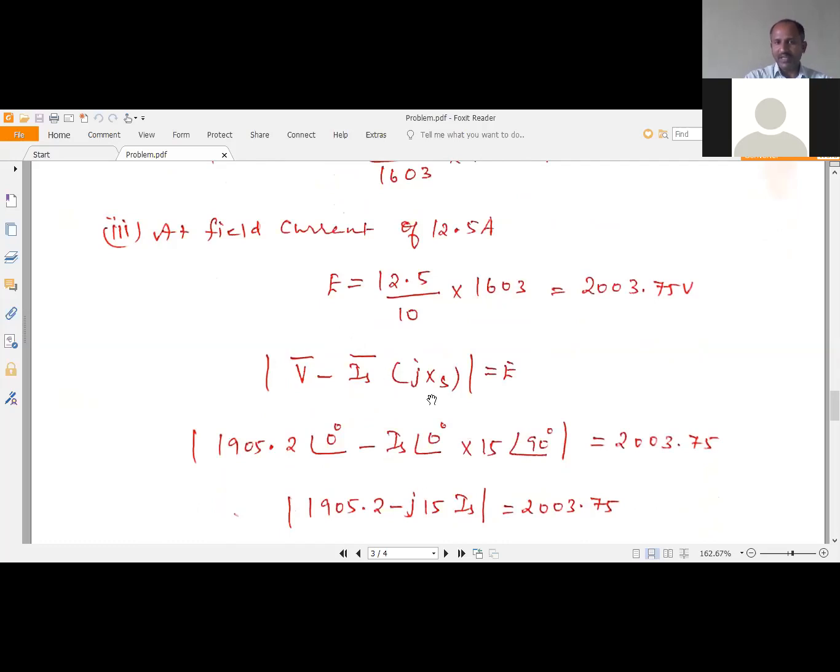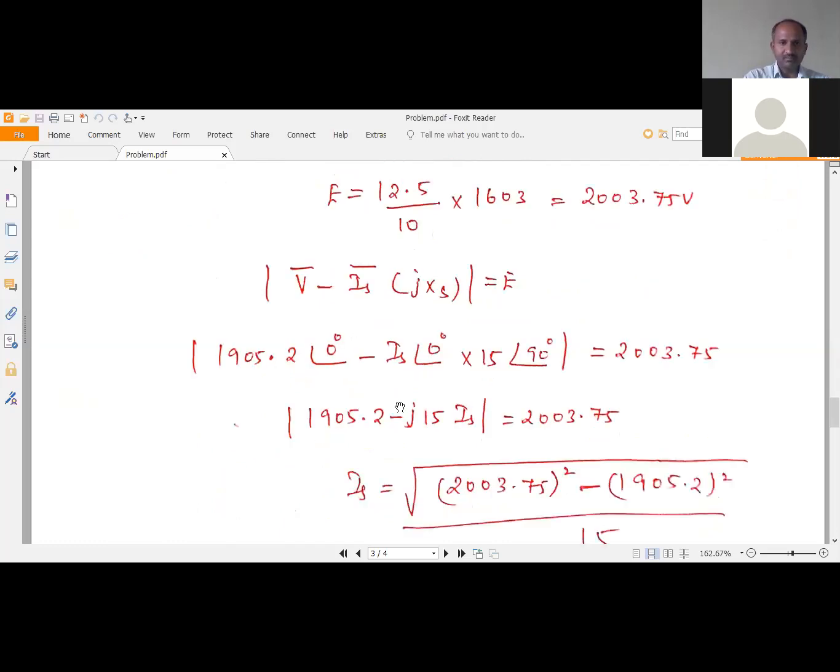And jXs is 15, given as 15 at an angle of 90 degrees, which is equal to E, that is 2003.75. Multiplying this, we can write j15 Is equal to 2003.75.